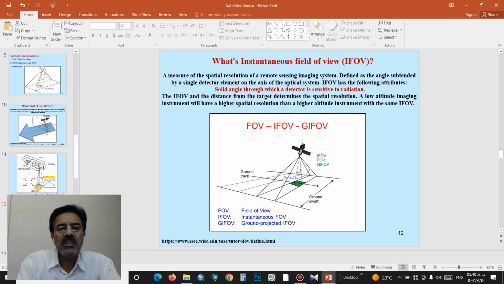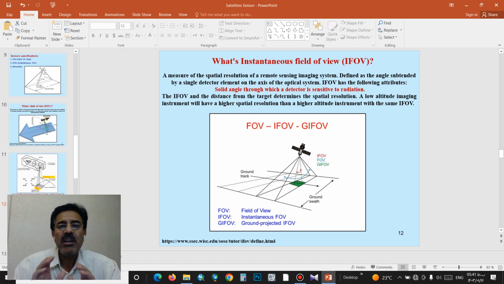The IFOV and the distance from the target determine the spatial resolution. A low altitude imaging instrument will have a higher spatial resolution than a higher altitude instrument with the same IFOV.